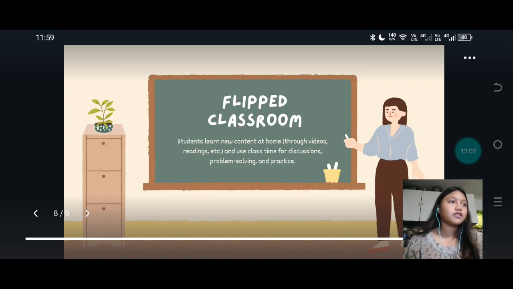For example, students watch a short math tutorial video at home, and in class they just solve word problems collaboratively. So that's flipped classroom. So your home also became your classroom, and your classroom just became your practice ground for the knowledge that you had gained at home.